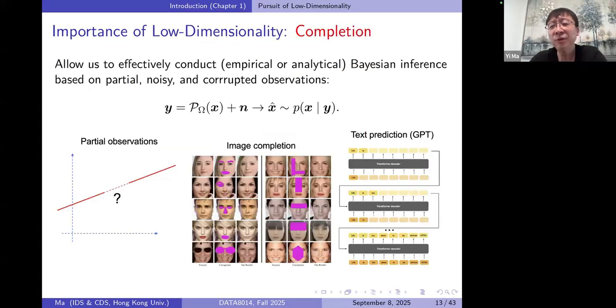So why is this useful? Why do we learn those? Once we get hold of those low dimensional structures, if we know the data are low dimensional, it really allows us, whether we get hold of the distribution empirically or analytically, to do inference, so-called Bayesian inference, because we have a very good prior, which is the model of the world. Those distributions give us a model of the world.